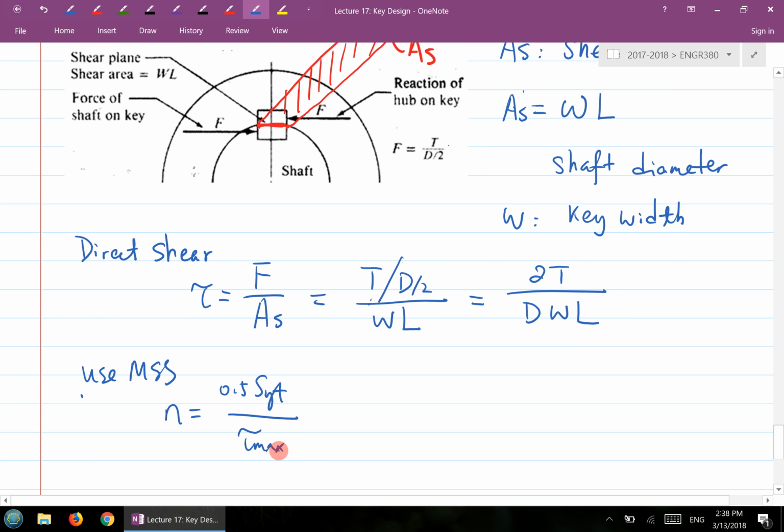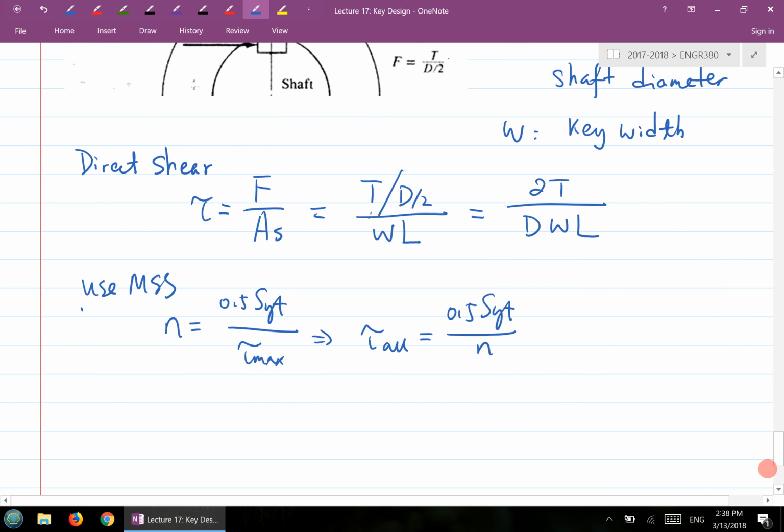In other words, we can get the allowable shear stress equal to 0.5 SYT over the safety factor N. That's the maximum allowable shear stress, and here is your actual shear stress, which is a pure shear. Then you let these two quantities equal each other.